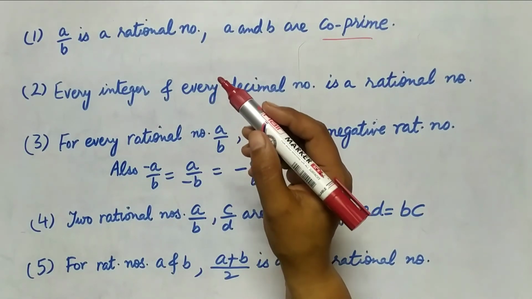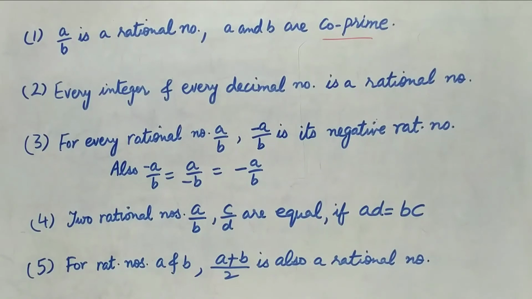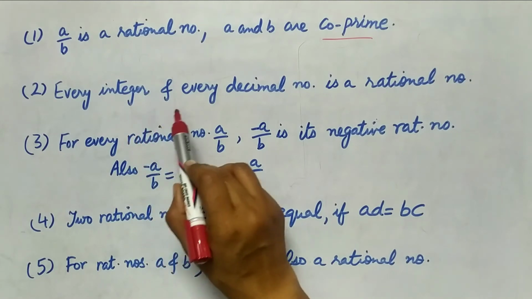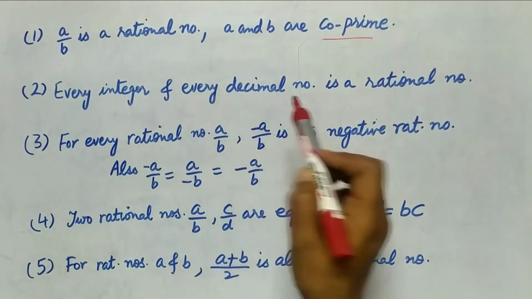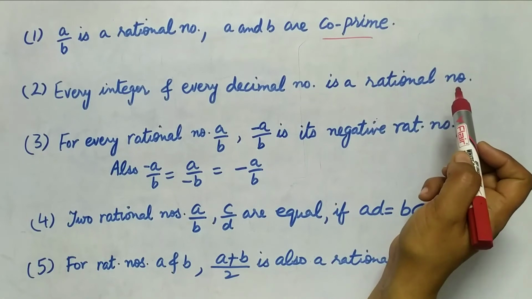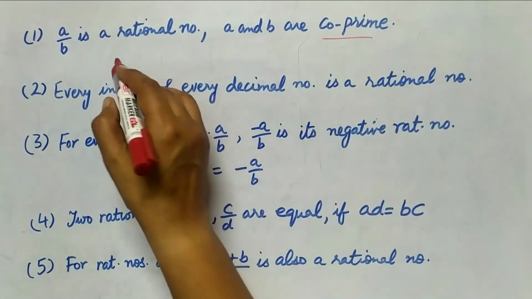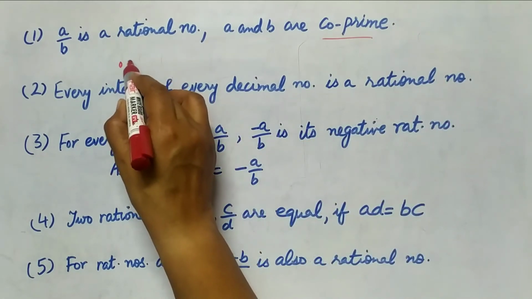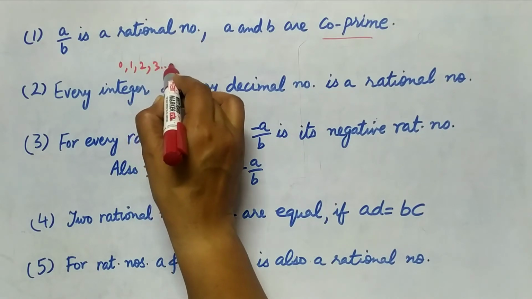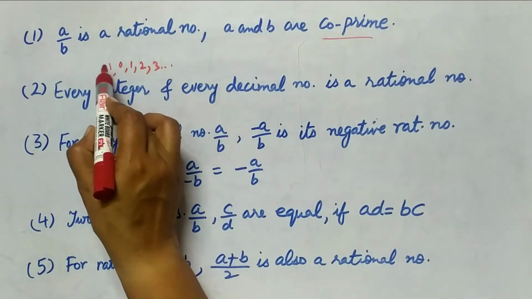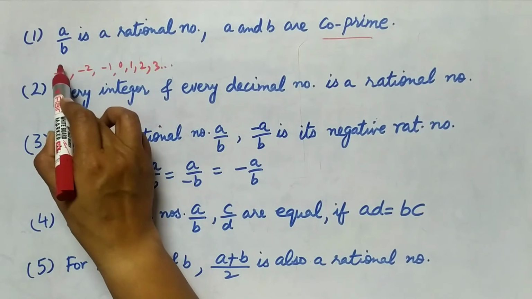Means there is nothing common between a and b. Second property, every integer and every decimal number is a rational number. Integer means 0, 1, 2, 3, etc.